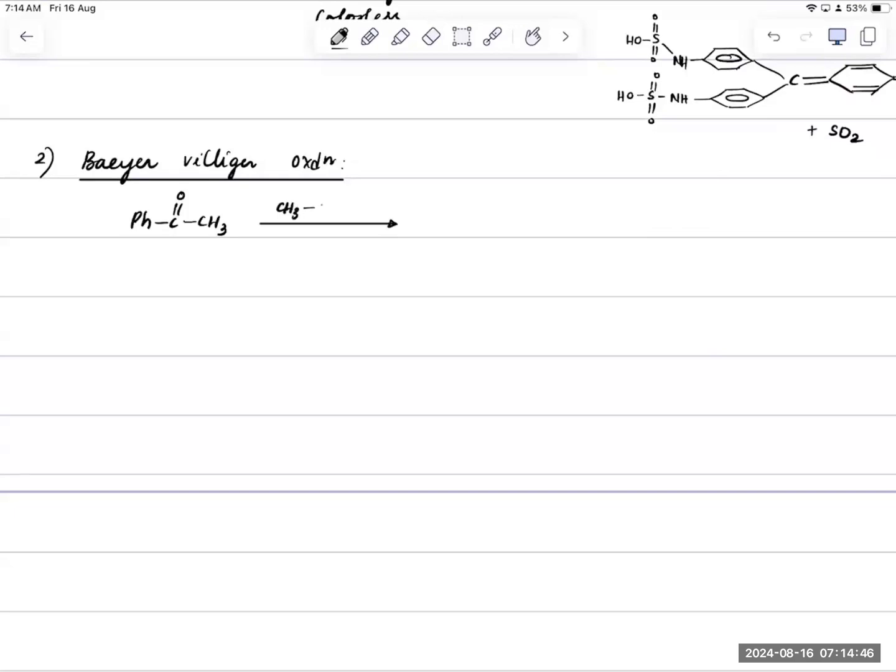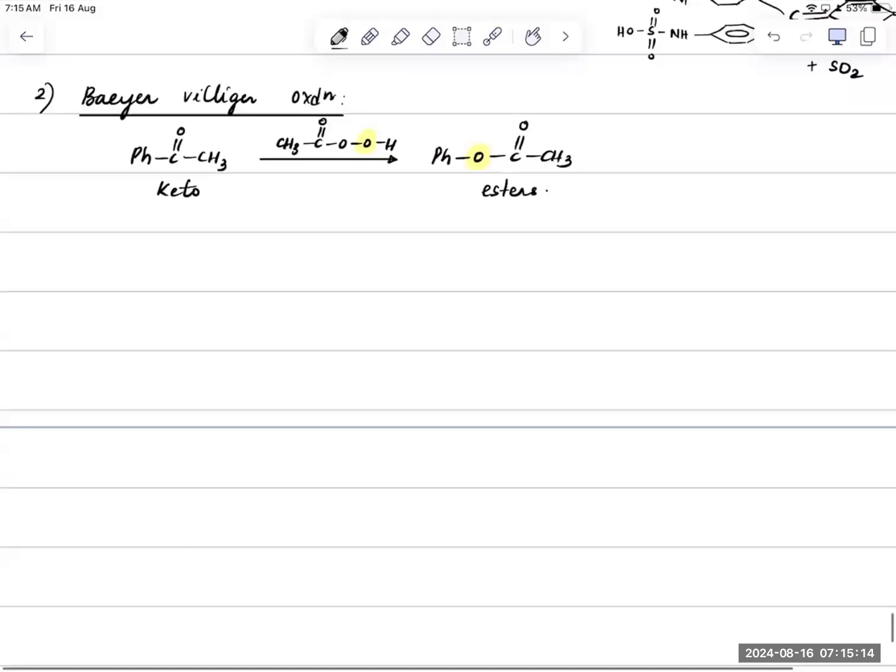If we react with any peroxy acid, OOH, this is a peroxy acid, then what is noticed is this oxygen will get inserted between this phenyl and C double bond O. This way it will get inserted. So directly ketones are converted into esters. That is the advantage of Baeyer-Villiger.